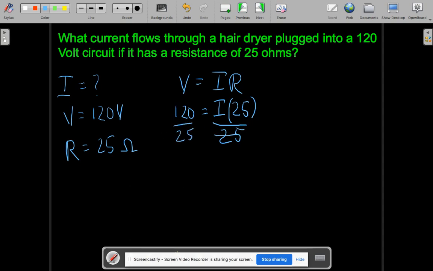It's going to cancel out our 25s here. Now if you have a calculator available, you're going to take 120 and divide that by 25. If you put that in the calculator correctly, you're going to get 4.8. It's current, so we're looking at a unit of amps equals I.